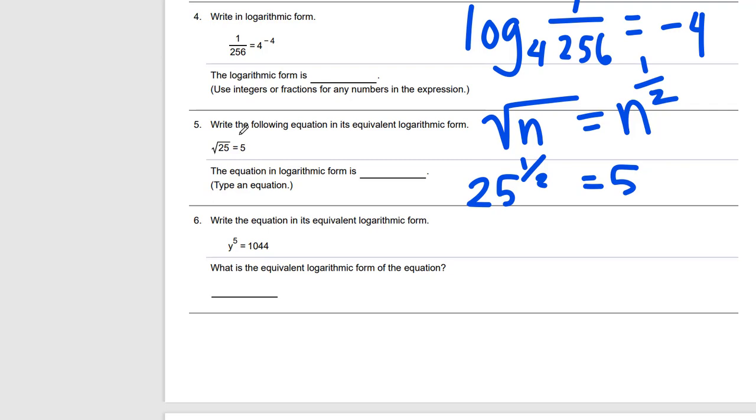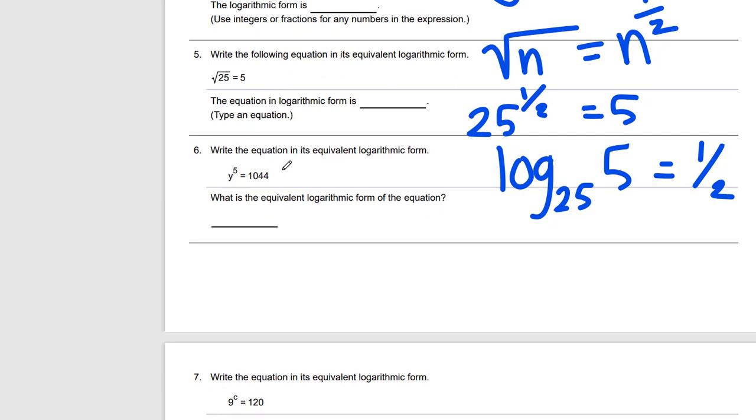We can write it with a logarithm by saying the base is 25, so log base 25 of 5 has to be equal to the exponent. So the log base 25 of 5 equals 1/2. What do you raise 25 to get 5? It's 1/2.